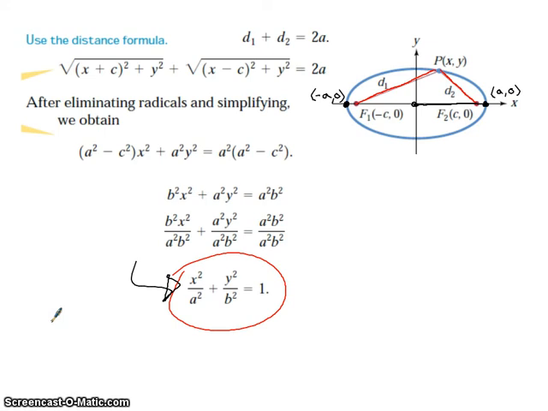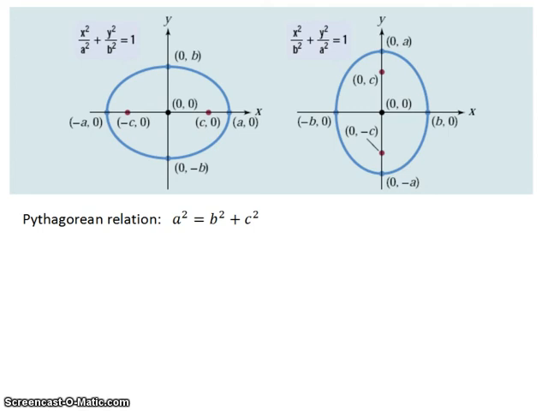axis along that x-axis. We're going to be dealing with two equations right now, one with the major axis at the x-axis and the other with the major axis along the y-axis. Essentially, if your bigger value is underneath x, then your major axis is along the x-axis.